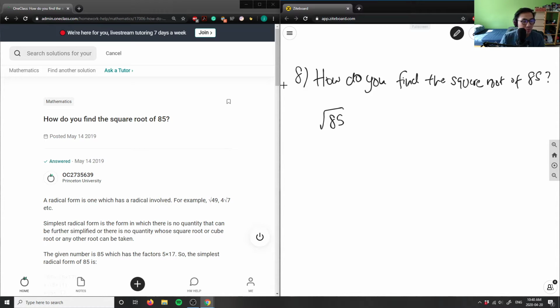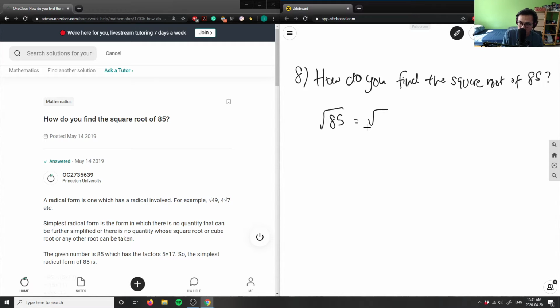And again, I'm assuming what they're doing is showing us the simplest radical form, so like what the exact value is. So if I'm given 85 here, the only thing it's divisible by is 5, right? It's not an even number, so we can't divide by 2. It's not divisible by 3 because 8 plus 5 equals 13, and that's not divisible by 3. So in this case, I divide by 5.